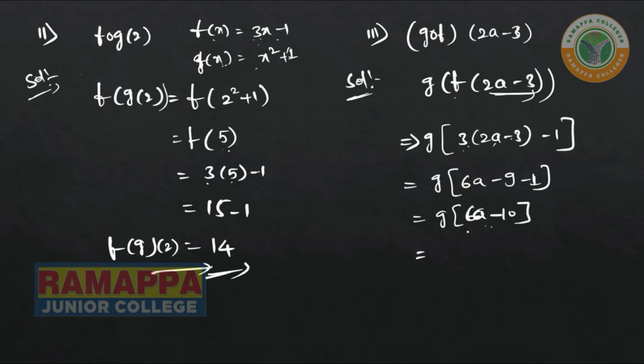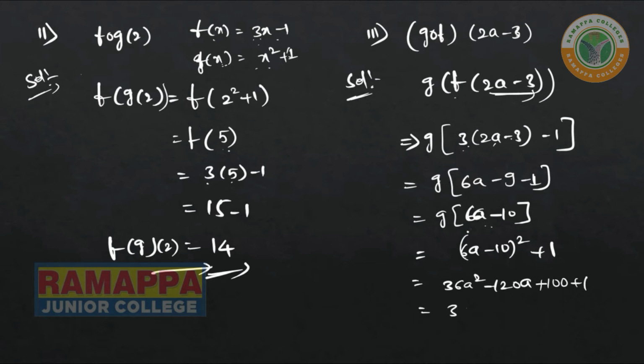So I am substituting this 6a minus 10 in g of x. g of x is equal to x square plus 1, no? So in this, 6a minus 10 whole square plus 1. It leads to 36a square minus 120a, because 2 sixes are 12 into 10a, plus 10 square is 100, plus 1.